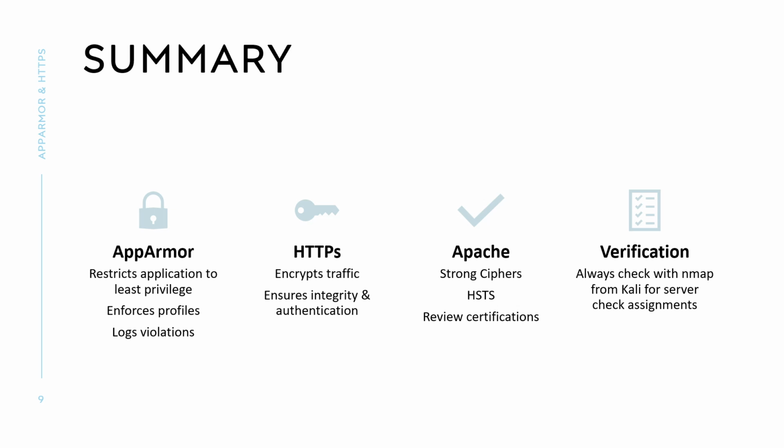So again, Apache and IIS go hand in hand with this. And finally, verifications must always include nmap from Kali as required by the server check assignment. So we want to make sure everything's running in accordance with the course and running correctly, just a verification.